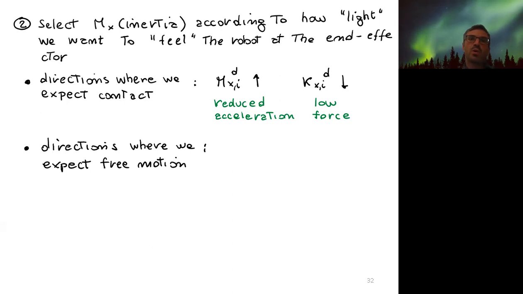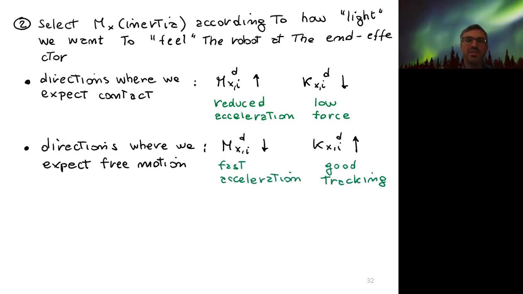While in directions where we expect no contact and only free motion, we want a fast acceleration. So we set a lower value for the inertia for that direction, and to achieve good tracking, we can set a high value for the stiffness for that direction.